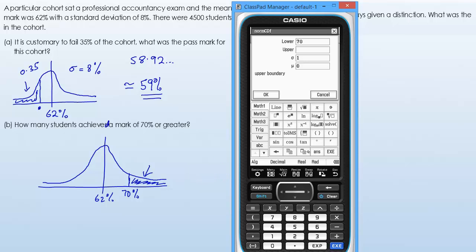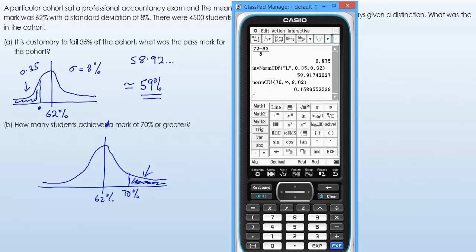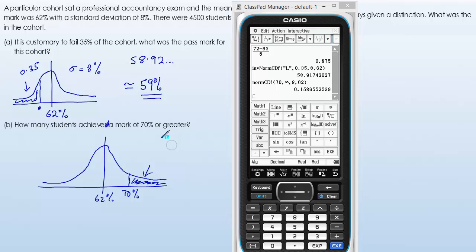Obviously you can't get more than 100%, but that's not what we're using a normal curve for. So what we really want to do is put infinity there. The sigma we know is 8 and the mu is 62 and that's 0.1587.